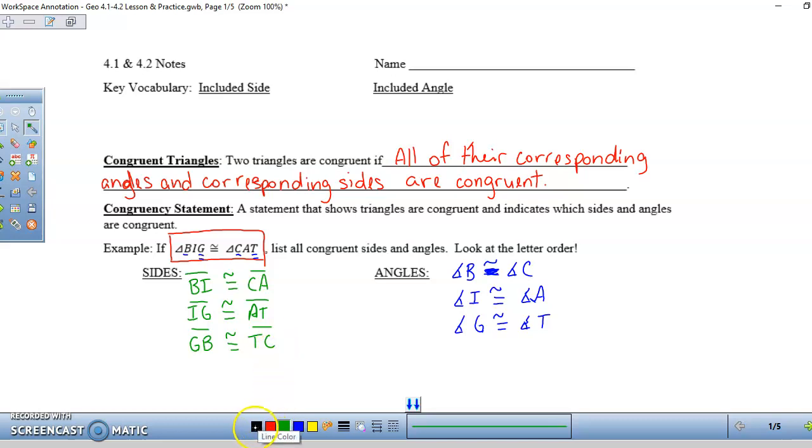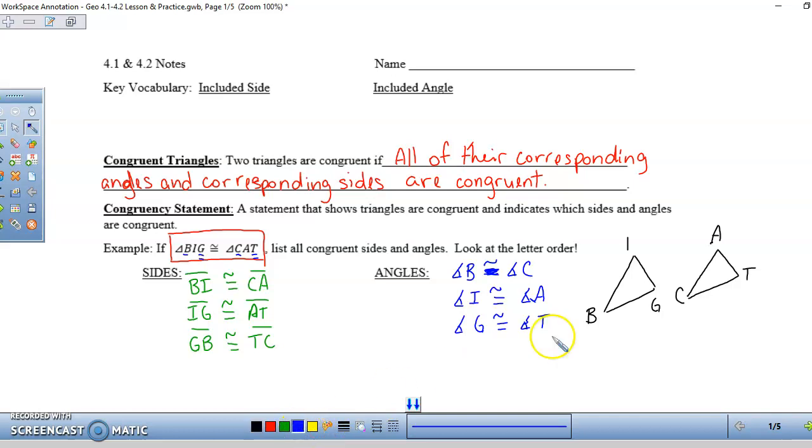Another thing you can do is that you can draw a picture whenever you see a congruency statement to help you think about how things are related. So I'll make this, let's say, BIG, and then I'm going to draw another one that looks the same. And then that one's going to be named CAT.